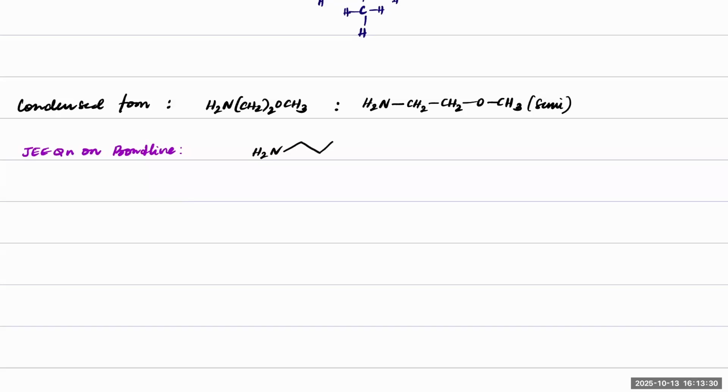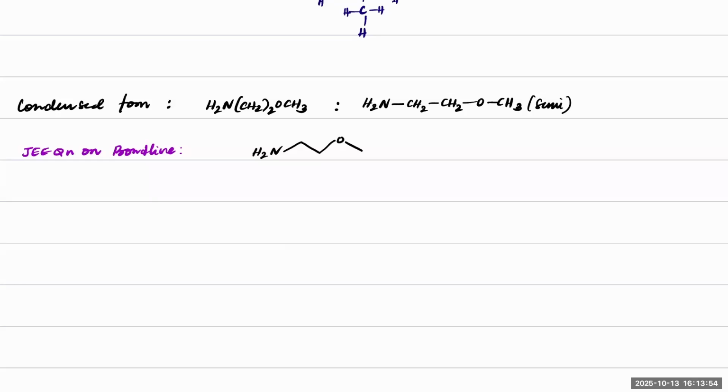Then we have oxygen, then we have methyl. Have you noticed the liberty of writing everything into lines is only for carbon and hydrogen, not for oxygen, nitrogen, and other heteroatomic species? Is this logic clear?